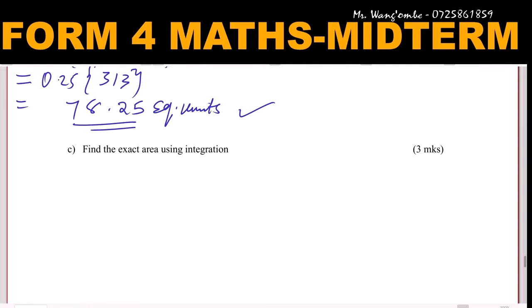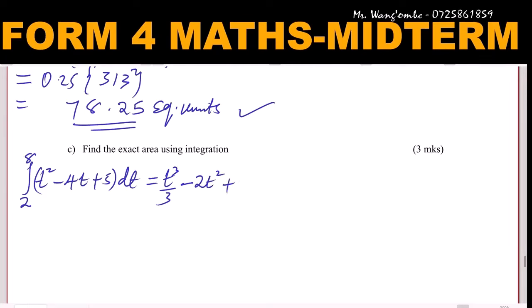Integration. So we are supposed to get the area by integration, integrating from t equals 2 to t equals 8, the function t squared minus 4t plus 5, with respect to t. So integrate t squared, you get t cubed divided by 3, minus 4t. Integrate that, you get 4t squared divided by 2, that will give 2t squared, plus 5.